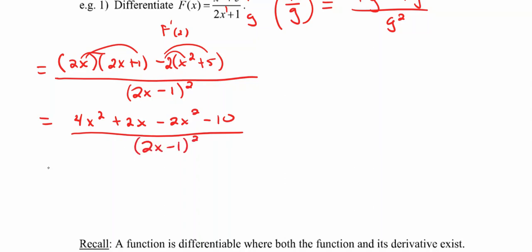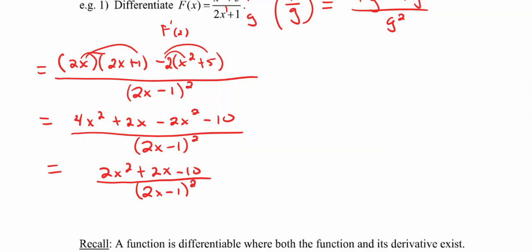And then we'll just collect any like terms that we have on the top here. So this will be 2x squared plus 2x minus 10, and then that is all over 2x minus 1 squared.